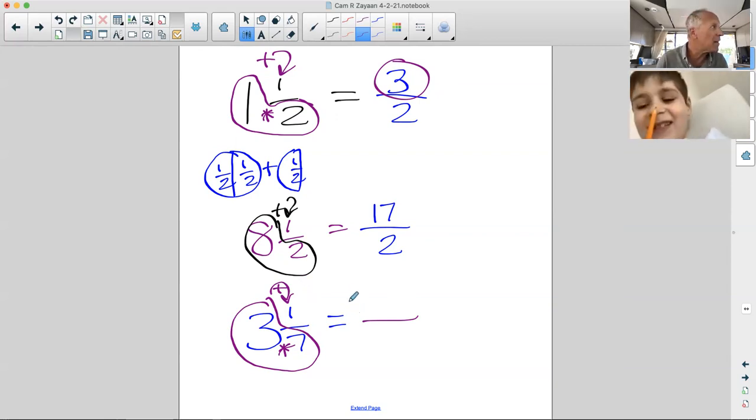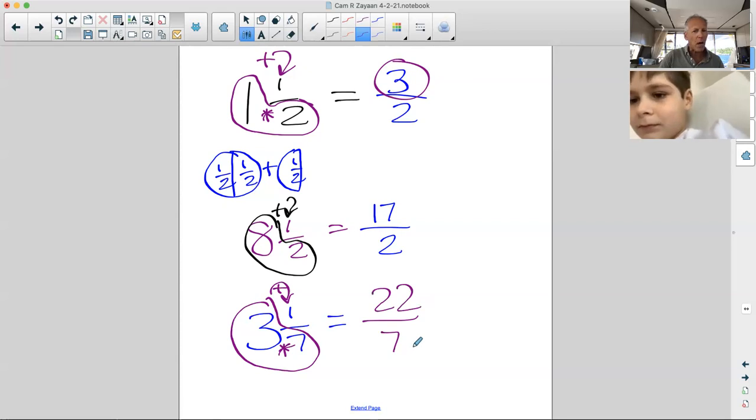Well, don't remember it. Think of it: 14 plus 7. Right, so think 14 plus 6 plus 1 more. 21. And you have to add 1 more. 22. That's it. So guess what?